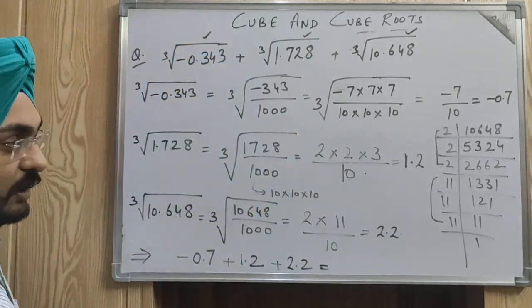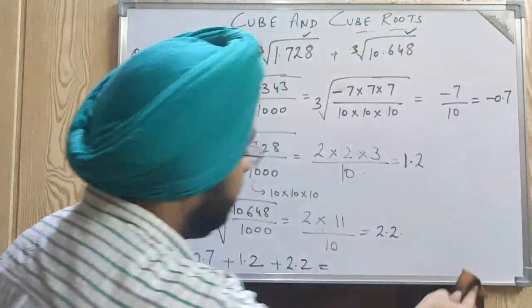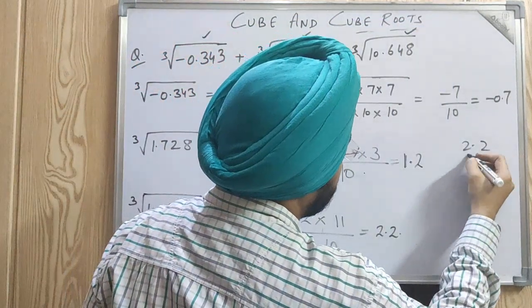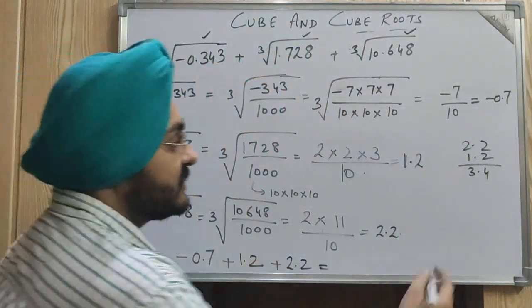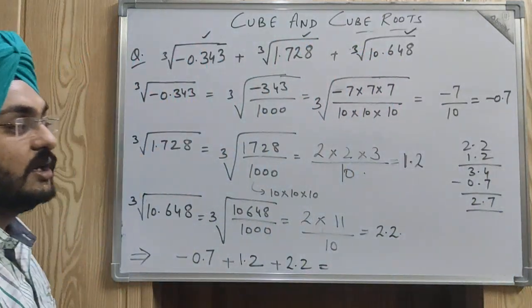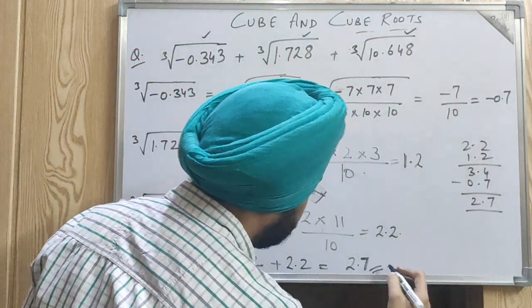How to solve? I will first add the positive numbers: 2.2 plus 1.2, we are left with 3.4, and subtracting 0.7 from this number. So 34 minus 7 is 27, and we are left with 2.7. So the answer will be 2.7 in this case.